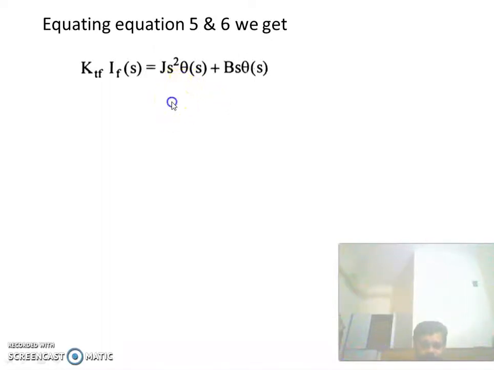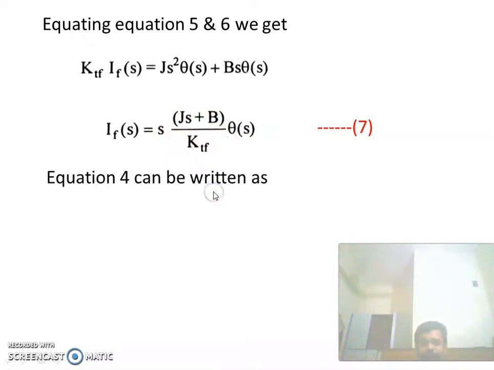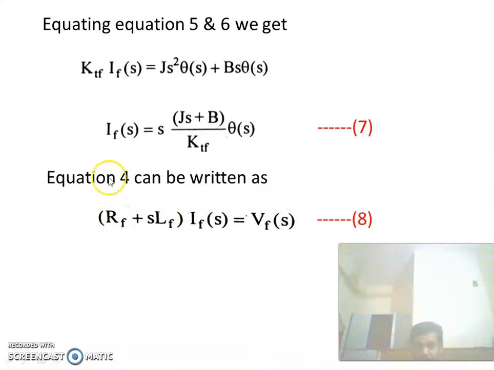From this, we are going to calculate If of s, taking theta of s outside. So, we will be getting If of s is equal to s into Js plus b by Ktf into theta of s. Now, from equation 4, we are taking If of s outside.